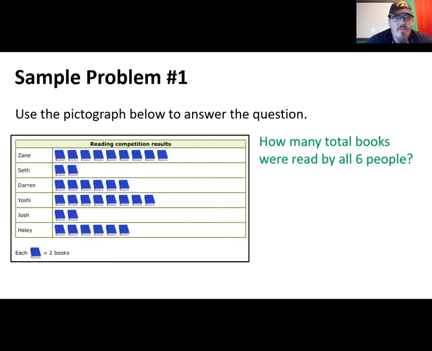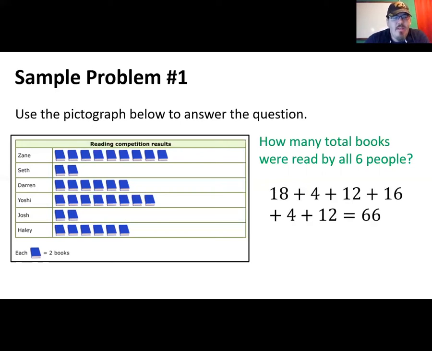To do that, we simply count up all of the books that appear in our graph. The key thing to remember is that each book symbol, each icon, represents 2 books read by the person. So to count them up, we look at each section of our graph.